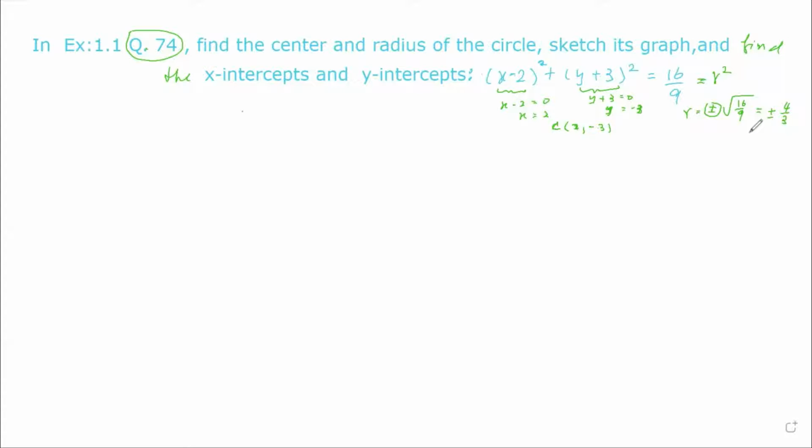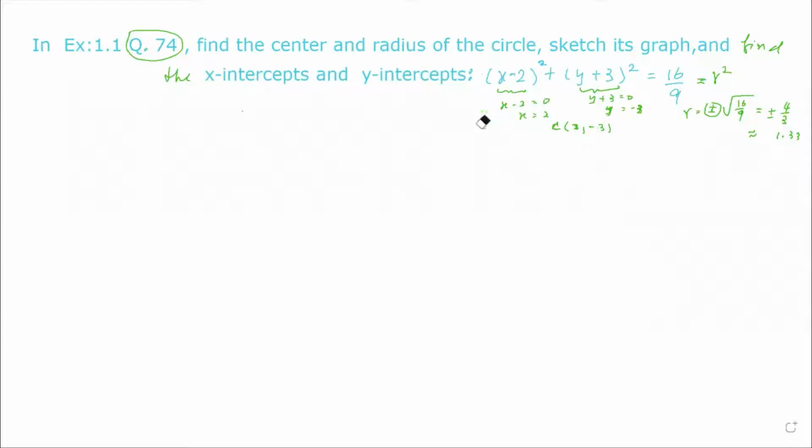That means, approximately, if you convert to decimal, you are going to have plus minus 1.33. Okay, but again, don't forget the radius is always positive, right? So this negative sign we omit, and we take only the plus sign.